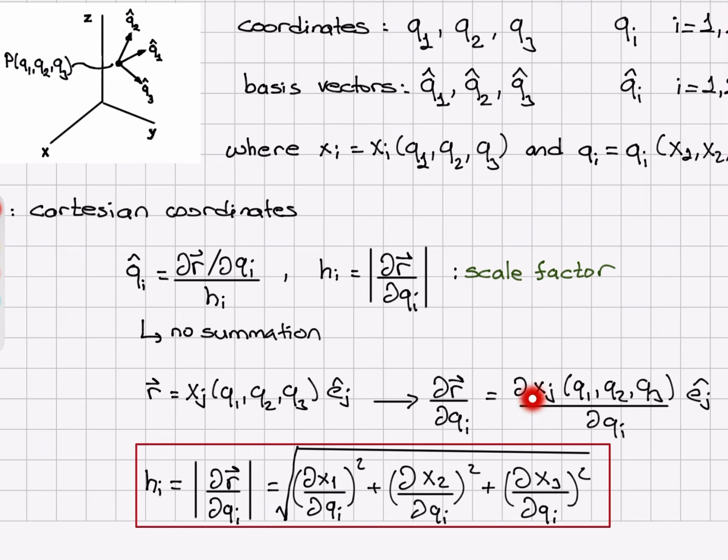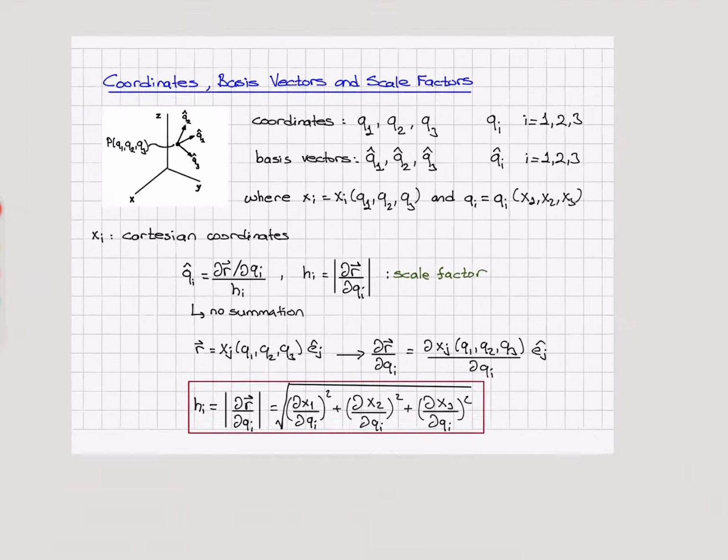So this is del x1 del q1 e1 hat plus del x2 del q2 e2 hat plus del x3 del q3 e3 hat, and its magnitude is the square root of del x1 del qi squared plus del x2 del qi squared plus del x3 del qi squared to calculate the scale factor hi.